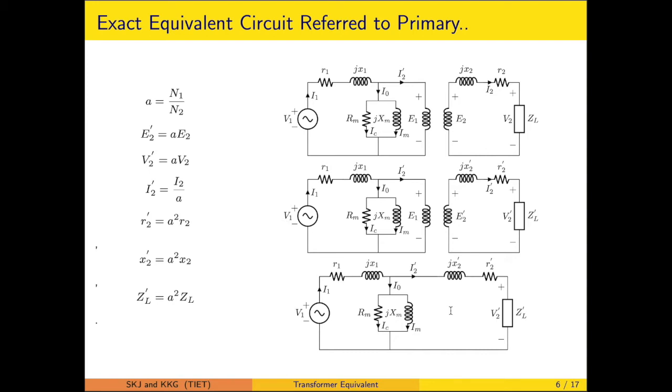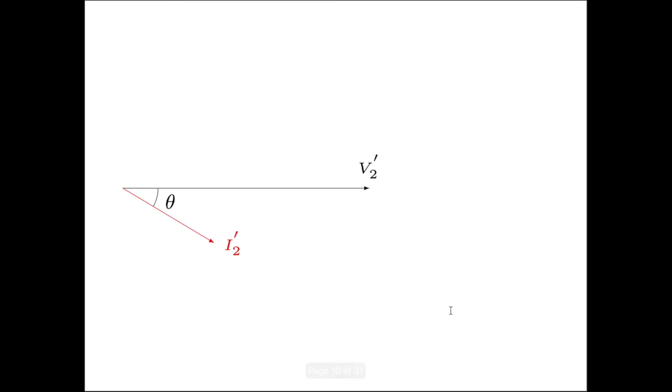Now as far as the phasor development is concerned, we have to start with the secondary voltage, which is now reflected on the primary side as V2 dash, and the reflected current will be I2 dash. So these are basically giving us the phasor relationship between the load, where theta corresponds to the load power factor.